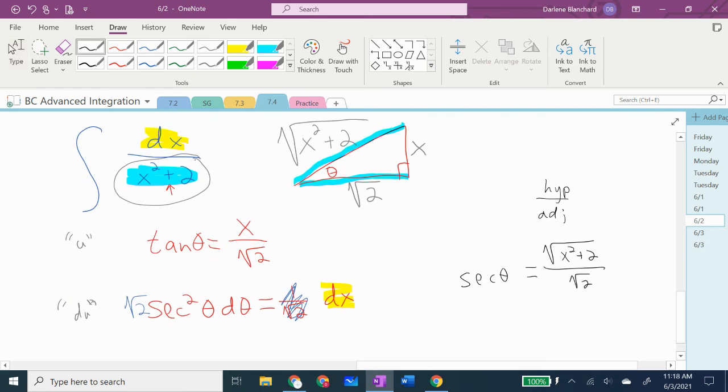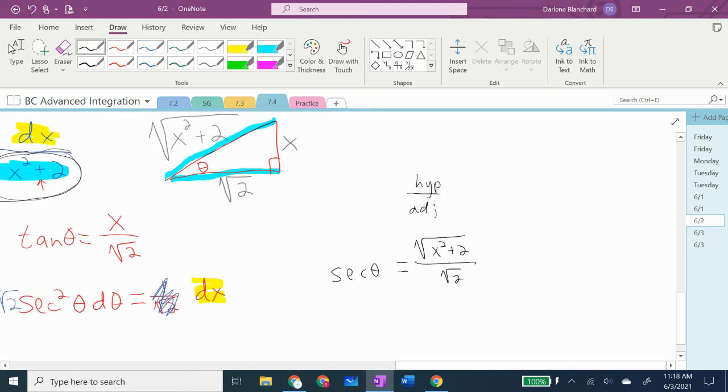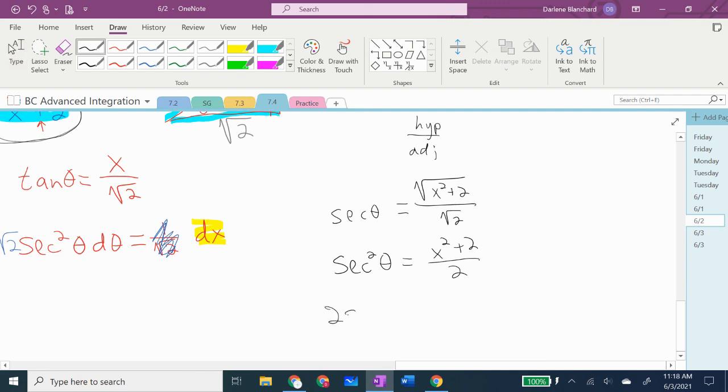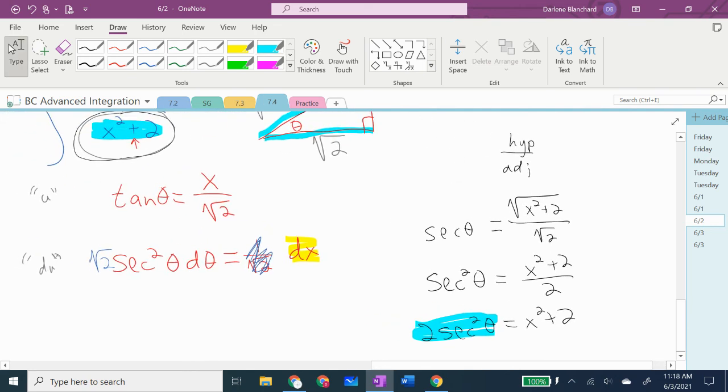And if I want to know what to replace x squared plus 2 with, then I'm going to square both sides. And multiply by 2. And now I can see that I will be substituting my x squared plus 2 with 2 times secant squared theta. And I'm ready for my big giant substitution.